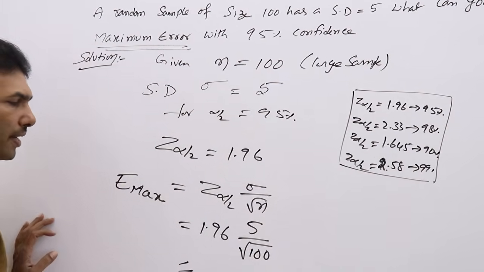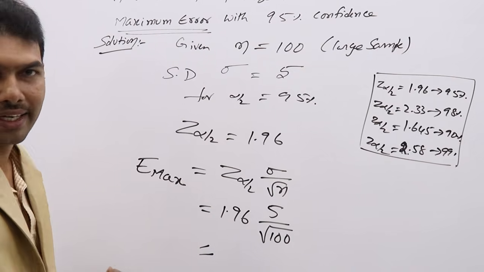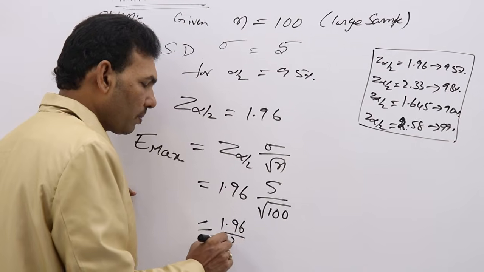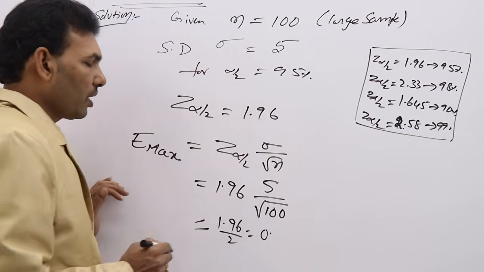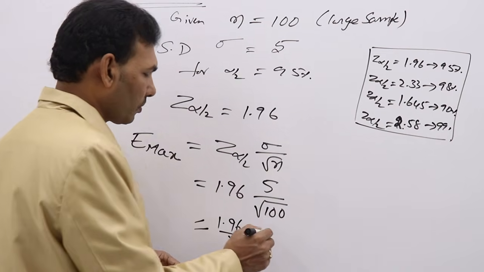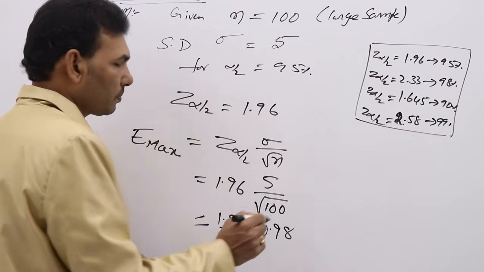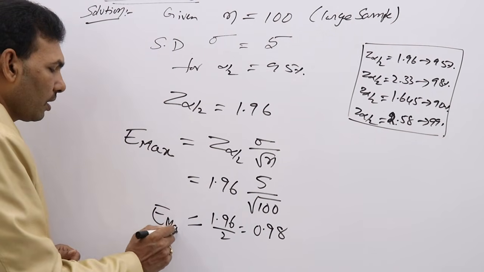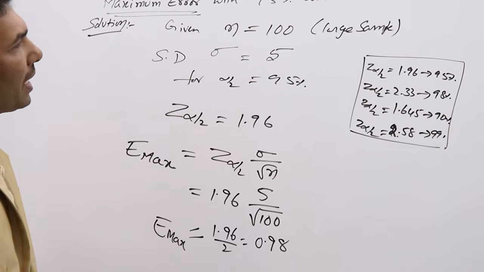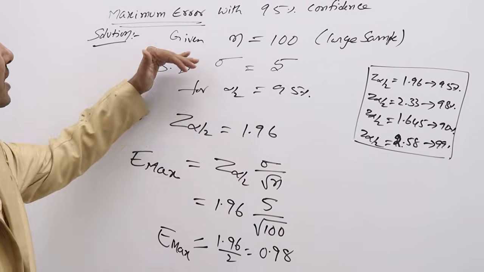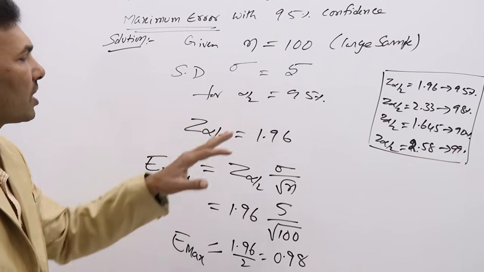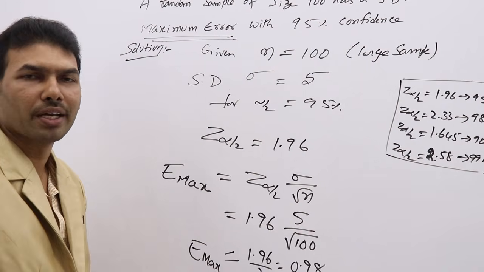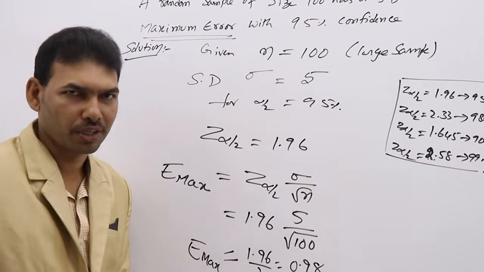Root 100 is 10. 5 by 10 is 1 by 2. 1.96 by 2, so you will get 0.98 as the maximum error of estimate. Like this, one can easily evaluate the maximum error of estimate whenever the sample size and SD are given. If it is a large sample, we will take Z alpha by 2. If it is a small sample, we will take the T distribution table value.